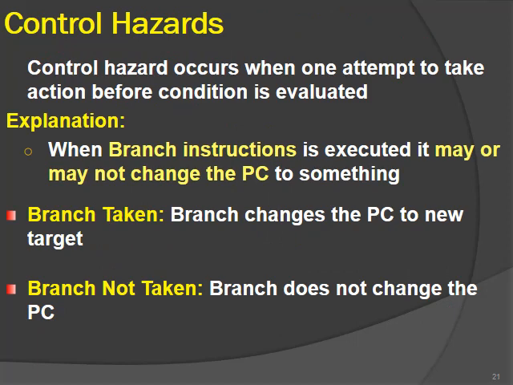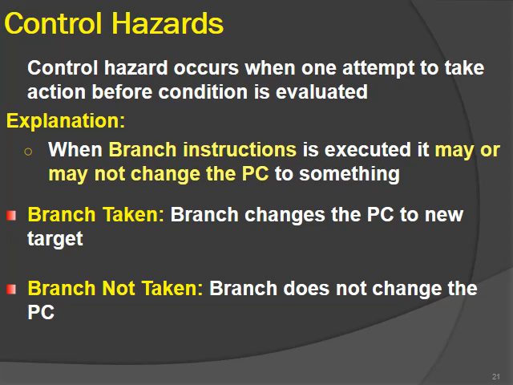Okay, the third type of hazard is the control hazard. It occurs when there is an attempt to take action before the condition is evaluated. It means that the control hazard occurs during branch or jump instructions. When branch instructions are executed, they may or may not change the PC value.